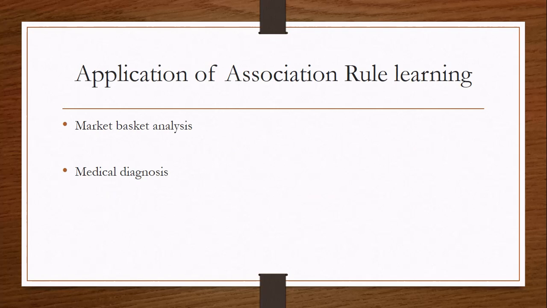So, the application of association rule learning in market basket analysis. As we explained earlier, in market basket analysis, we apply association rules to evaluate the association between two objects, or between A and B, or the antecedent and the consequent.